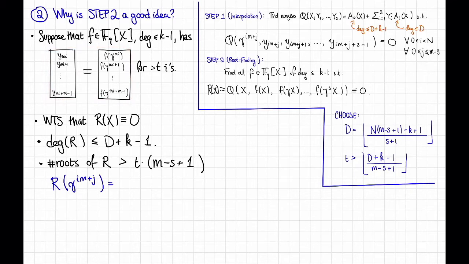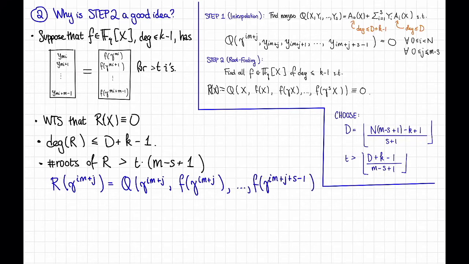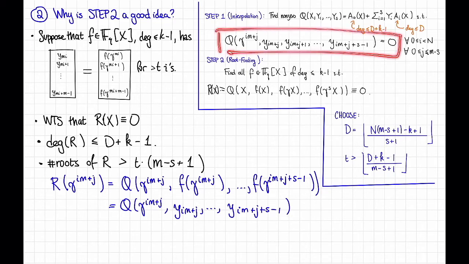By definition, this is equal to Q(γ^(im+j), f(γ^(im+j)), ..., f(γ^(im+j+s-1))). And now, by the fact that we're assuming that this holds for i, I can replace each of these f's with a y. And now by how we interpolated Q, it actually vanishes on this. So this is equal to 0.